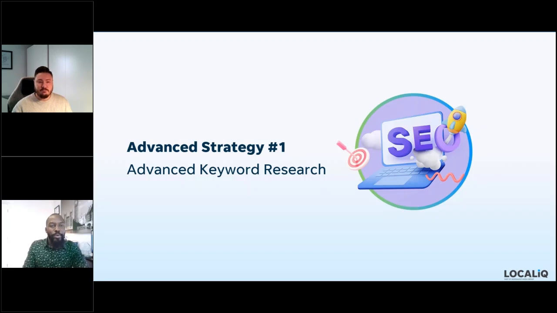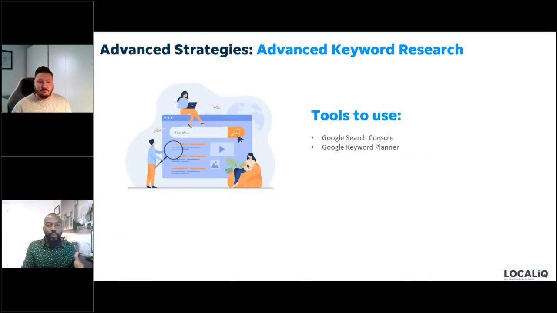Got it. So as far as tools, we've discussed some other non-Google tools in our previous webinar sessions, but today, to go more in depth, we're just going to focus in on Google Search Console and Google Keyword Planner. Mark, what do we need to know about these and how to use them? Cool. Yeah. So let's start off with Search Console.